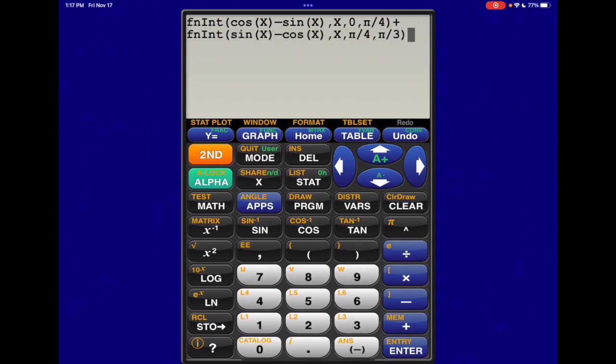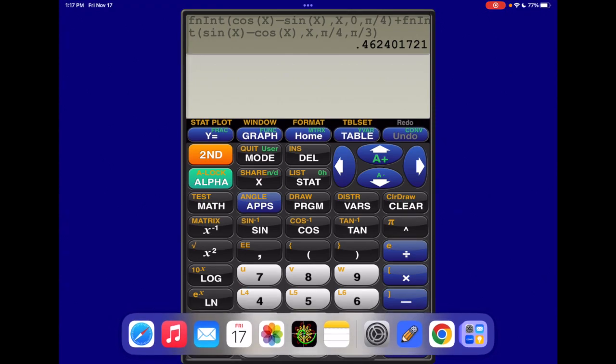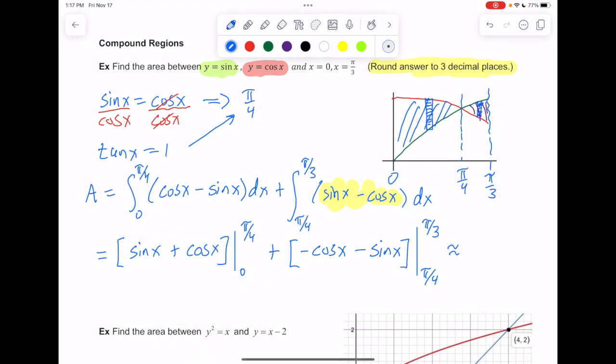So there are our two fnInts, and we get 0.462401721. They told us to round that to 3 decimal places, so that'll just be approximately 0.462. So taking that back, approximately 0.462. All right, so let's just go ahead and highlight that answer and move on to the second one.